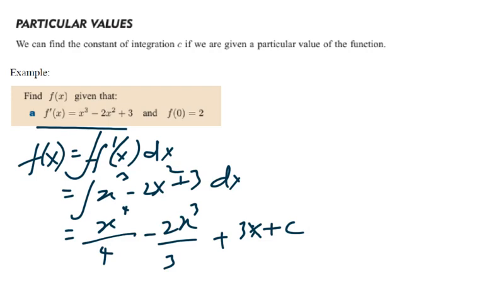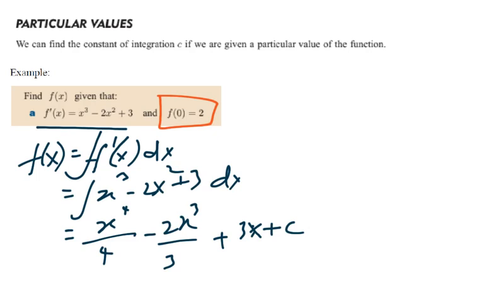You can't just leave your answer with the constant c. So what you need to do is use the information given in the question, where when x is equal to 0, f is equal to 2. All you need to do is substitute the x value into the function.